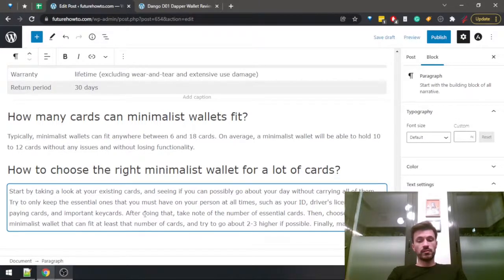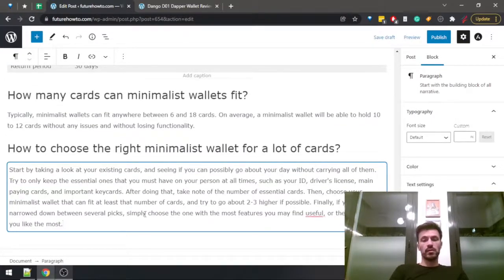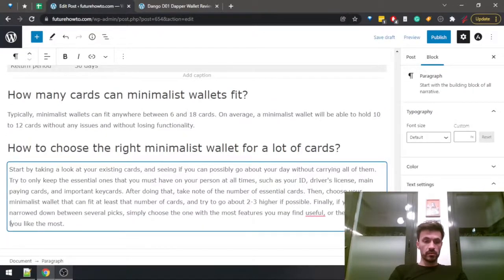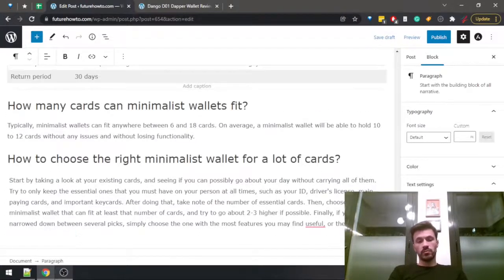Finally, if you have it narrowed down between several picks, simply choose the one with the most features you may find useful, or the one that you like the most, or the one with the best look.